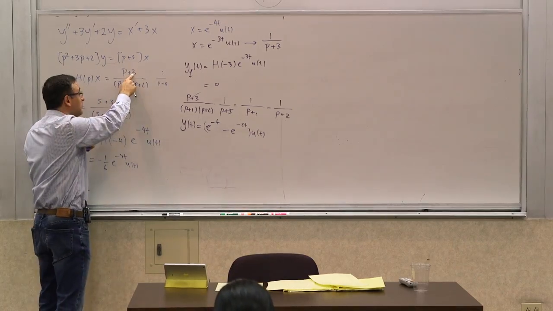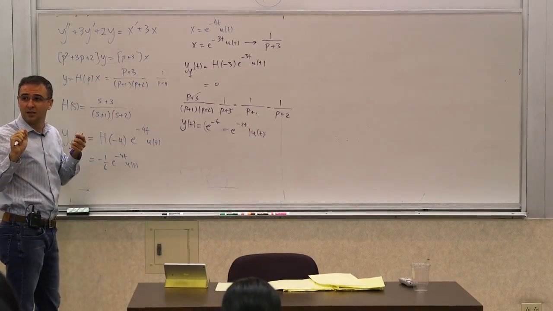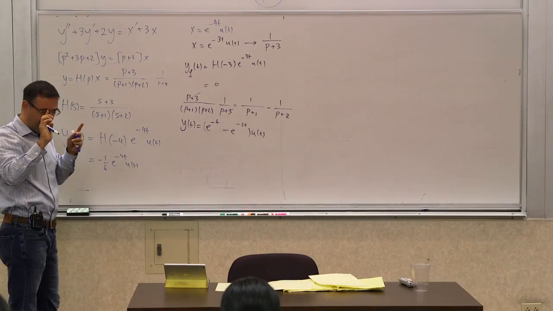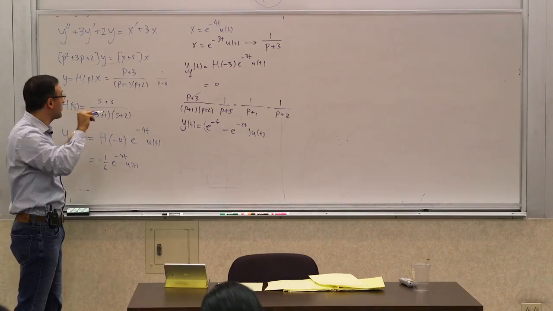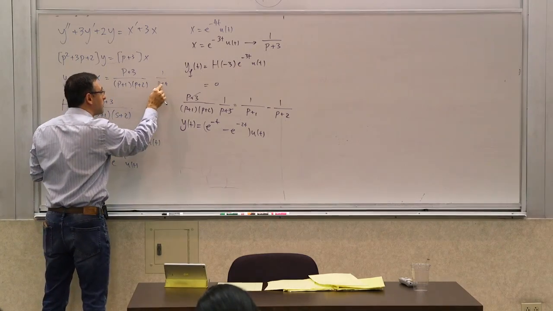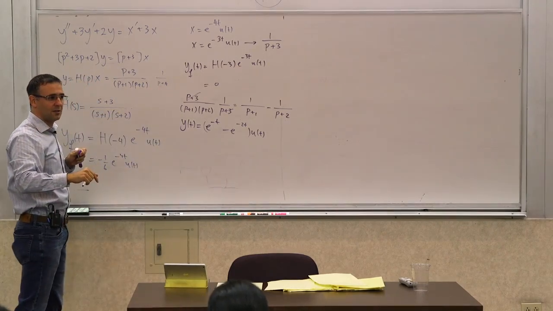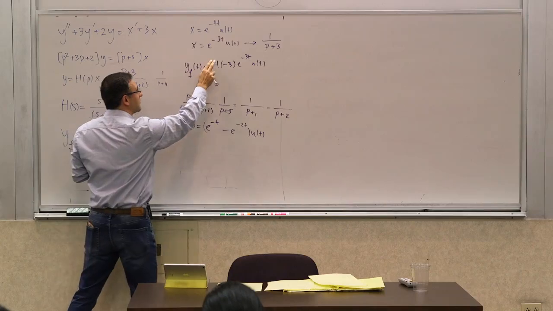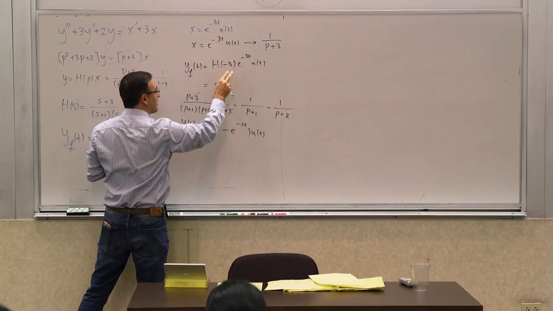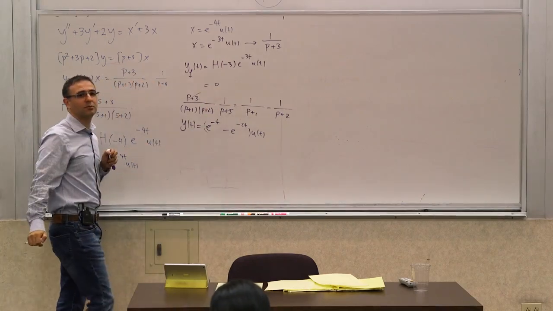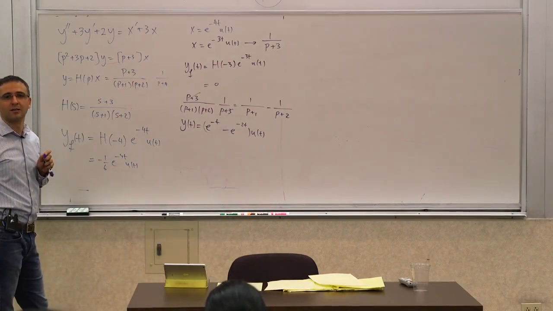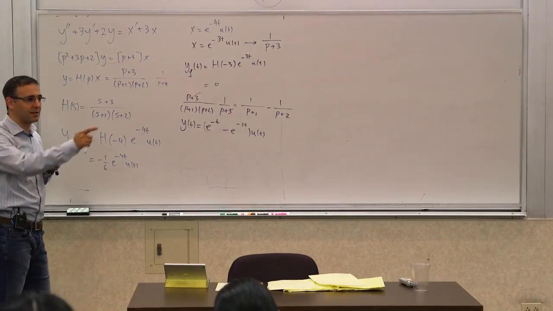It wouldn't produce the zero frequencies. Zero frequencies are not natural frequencies of the system. But it does produce the two natural frequencies plus the input frequency. This was a special frequency, the zero, where it only produced the natural frequencies. It doesn't produce the forced input frequency. That's what's special about it.